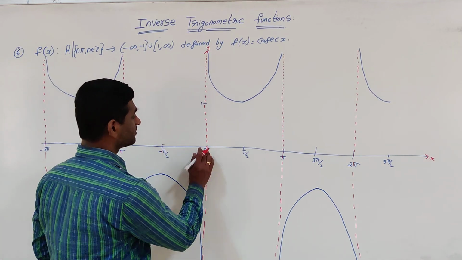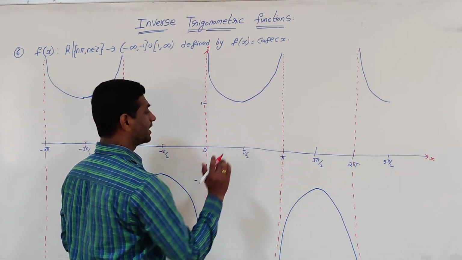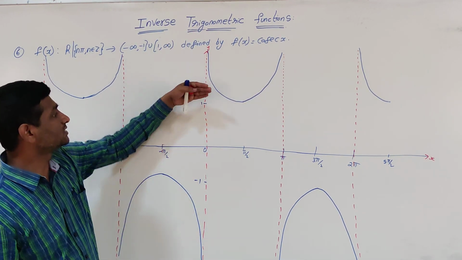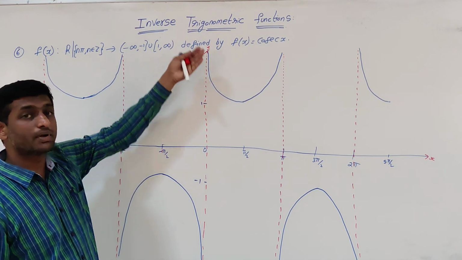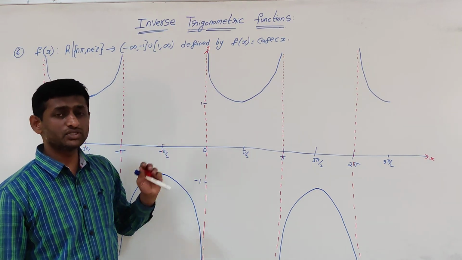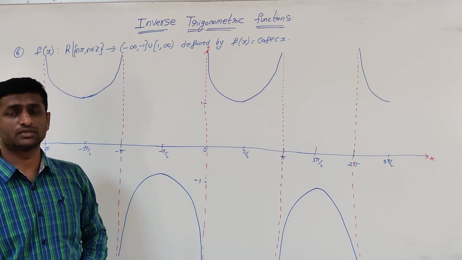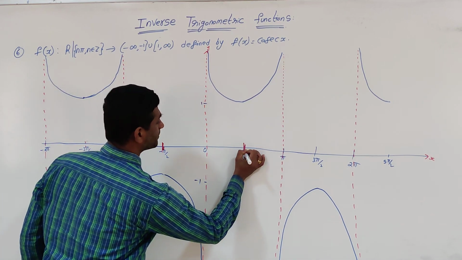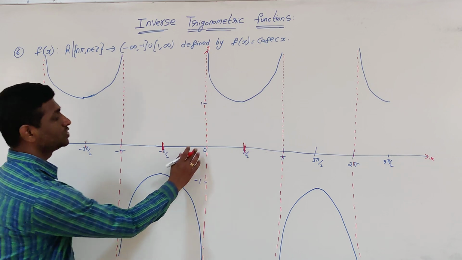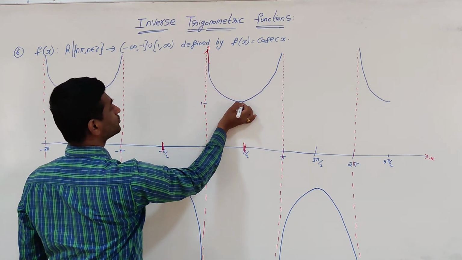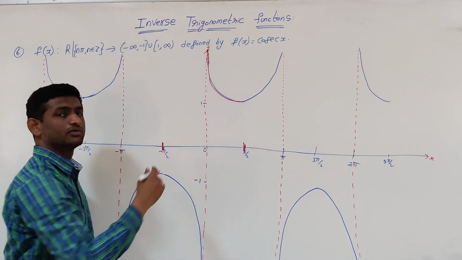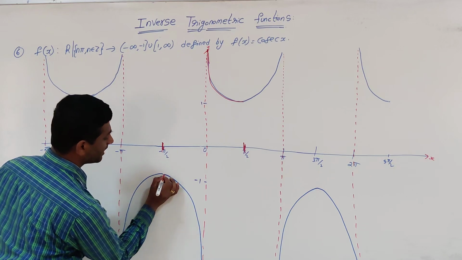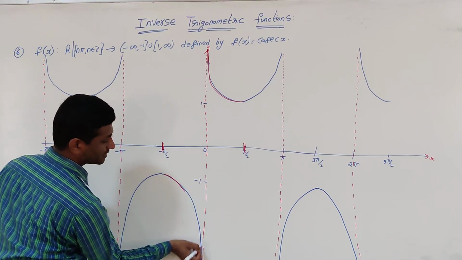Now if I go for 0 to pi entirely, then we can have the set of values from 1 to infinity only. Means the values are above 1, but we can't find the images which are below minus 1. So if we consider the domain from minus pi by 2 to pi by 2 except 0, from 0 to pi by 2 we can have the values from 1 to infinity, and from minus pi by 2 to 0 we can have the values from minus infinity to minus 1.